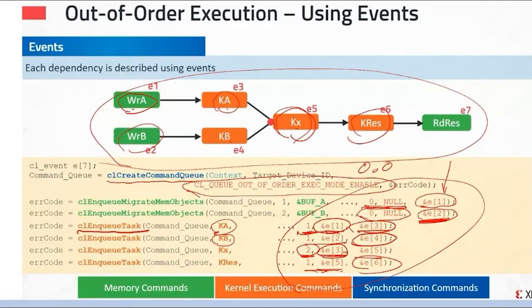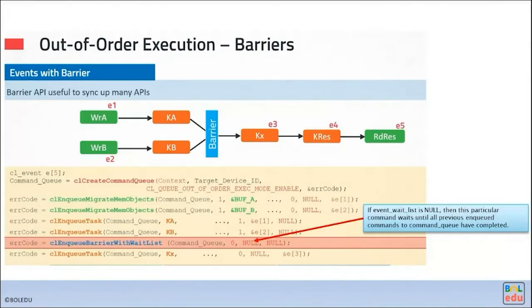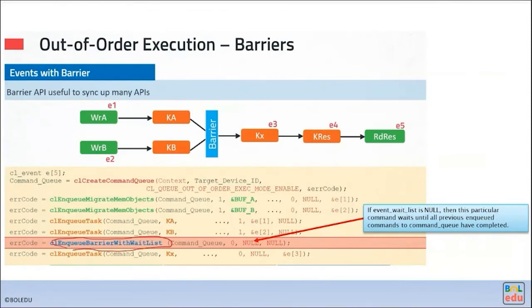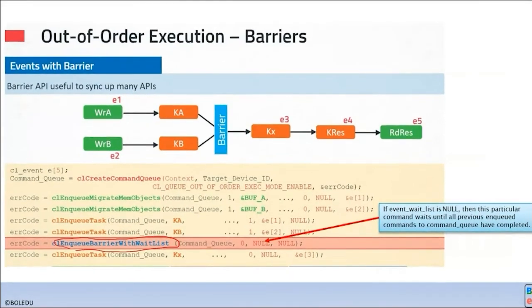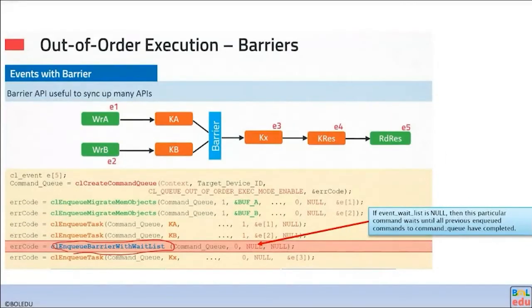Okay, in this example, you can also use a barrier with a wait list. This command basically sets a fence. You can think of it as a barrier, or you can say it's a fence.